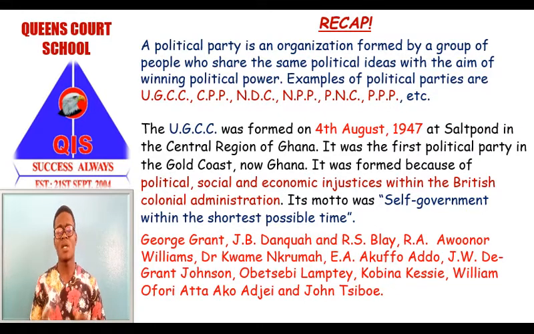So we said a political party is an organization formed by a group of people who share the same political ideas with the aim of what? Winning political power. And we looked at the U.G.C.C. We said the U.G.C.C. was formed on 4th August 1947 at Saltpond in the central region of Ghana. And then we moved on to the purpose for which it was formed.